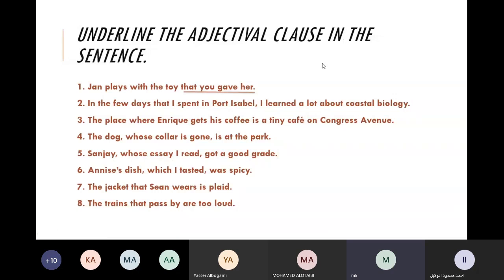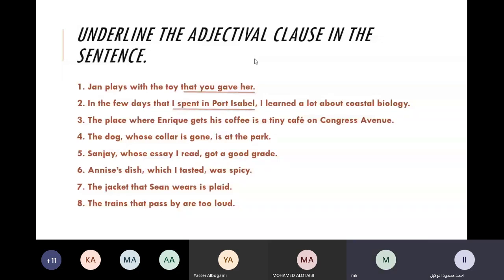In the few days that I spent. Think again. All the adjectival clauses will start with. That I spent in Port Isabel. No, that I spent in Port Isabel. Okay, good. That I spent in Port Isabel. All right, Muhammad.